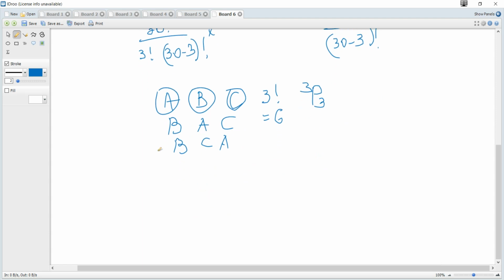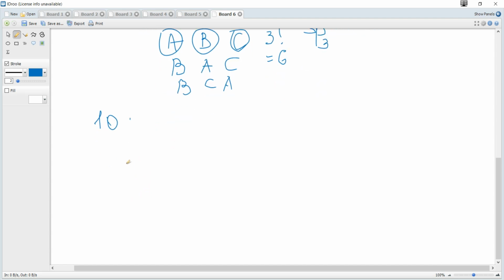Another example. For example, there are 10 cakes in total, and you want to buy 3 cakes, just a pack of 3 cakes. So these objects are indistinguishable. Order doesn't matter here, so it will be combination 3 out of 10.